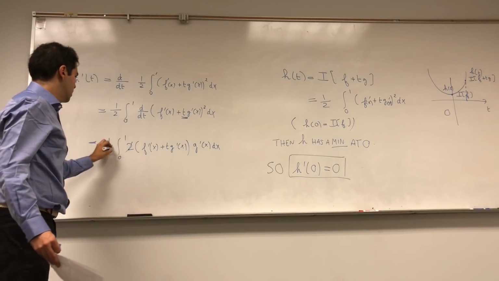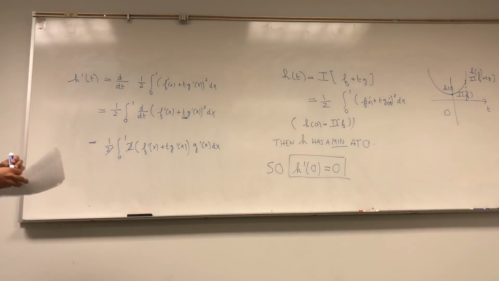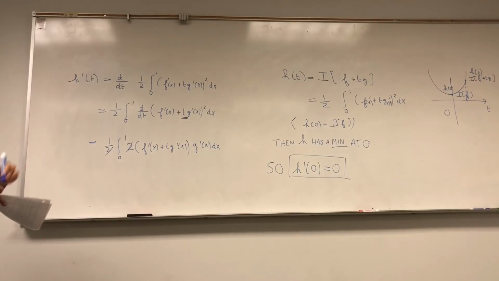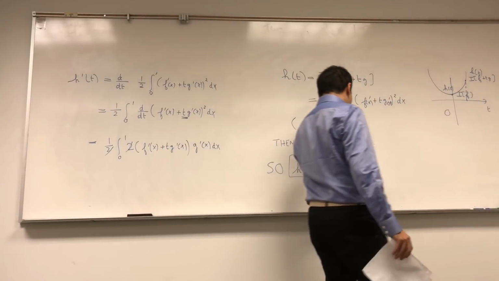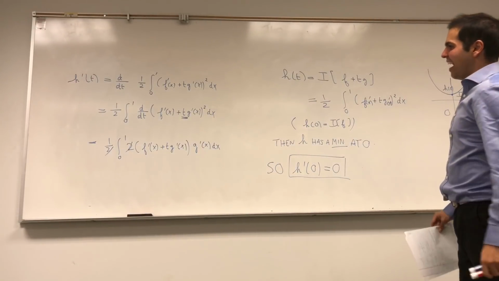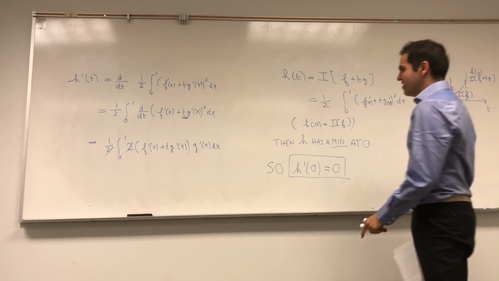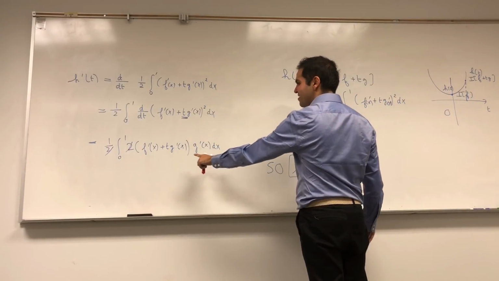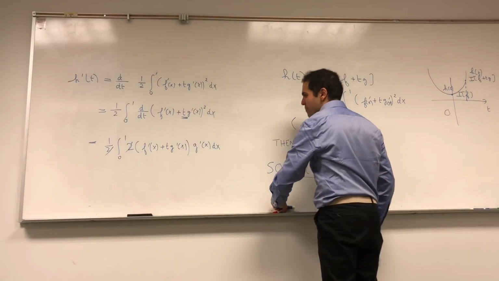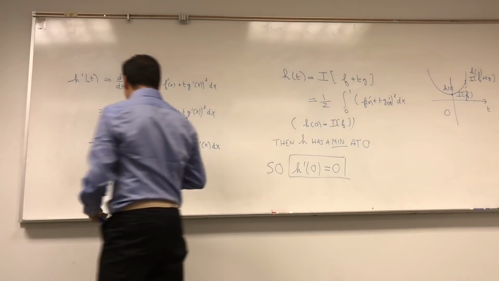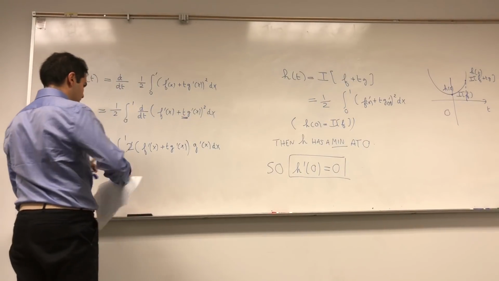And the 2's cancel out. And as I said, we want to eventually use the fact that I've written down 10 minutes ago. And if you think about this, this is actually a very nice job for Mr. or Mrs. integration by parts. So let's integrate this by parts.